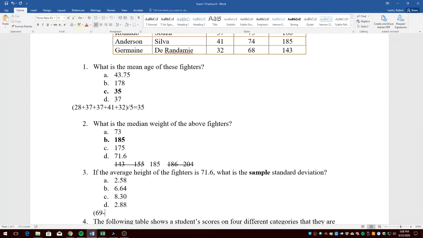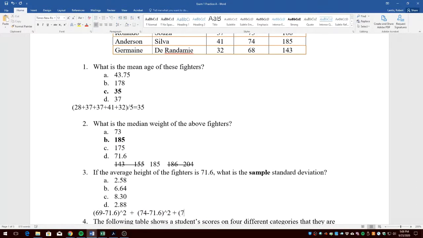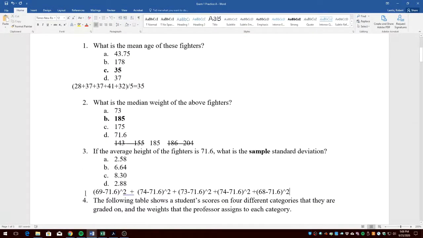So 69 minus 71.6 squared plus, what was the next one? 74 minus 71.6 squared plus 73 minus 71.6 squared plus 74 minus 71.6 squared plus 68 minus 71.6 squared, right? So this will give me my numerator.